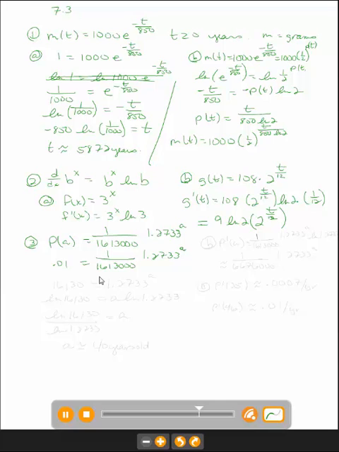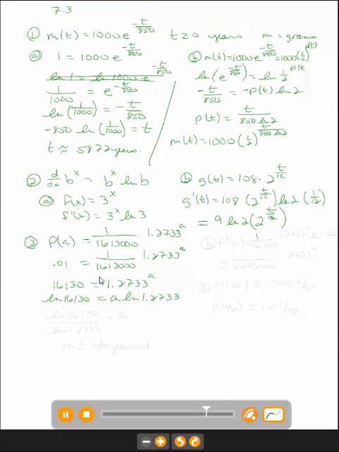We have the letter in the exponent again, so we're going to have to put a natural log through. But before we do it, we need to multiply by 1,613,000. So I end up with 16,130 is equal to 1.2733 to the A. Then I'm going to put a natural log through, which is going to pull the A in front and leave us with the natural log of 1.2733.